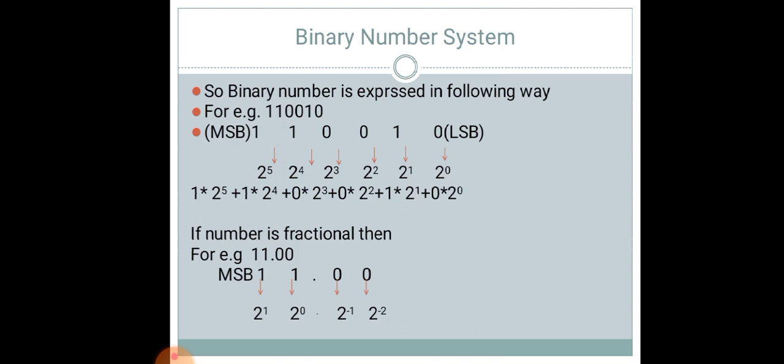In the binary number system we call the numbers bits, and in the decimal number system we call the numbers digits, right?